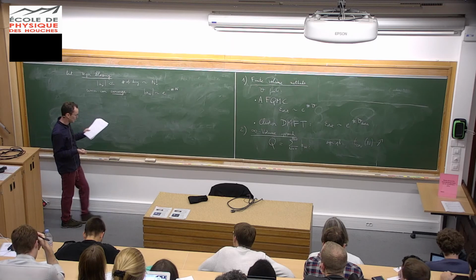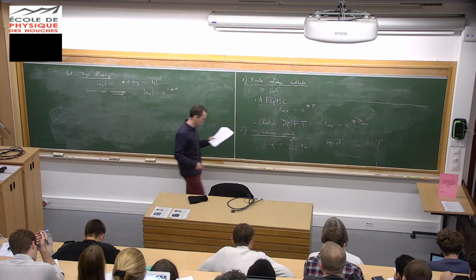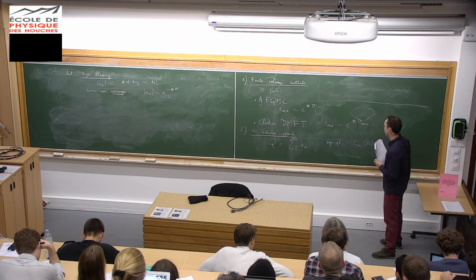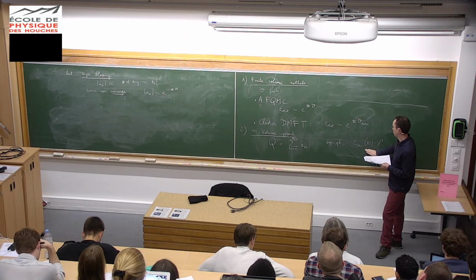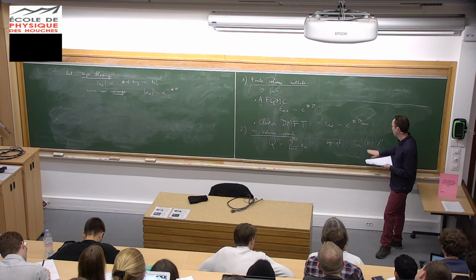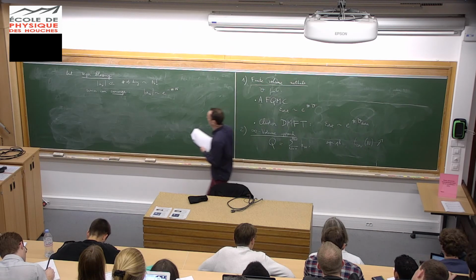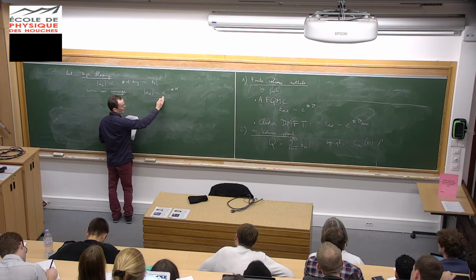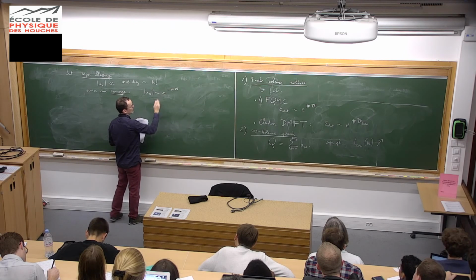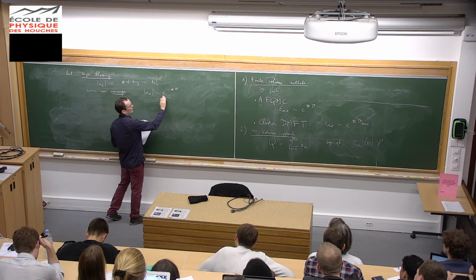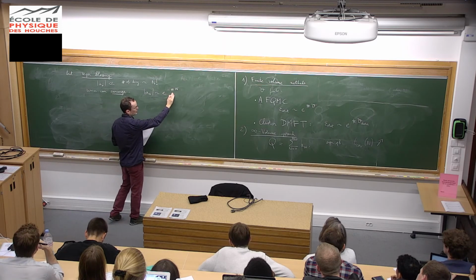So if I summarize the situation, on the one hand, it's exponentially expensive to go to high orders. It's really expensive to calculate high orders, but on the other hand, it pays off very well, because if you truncate at order n, then the error that you make is actually decreasing exponentially with n.